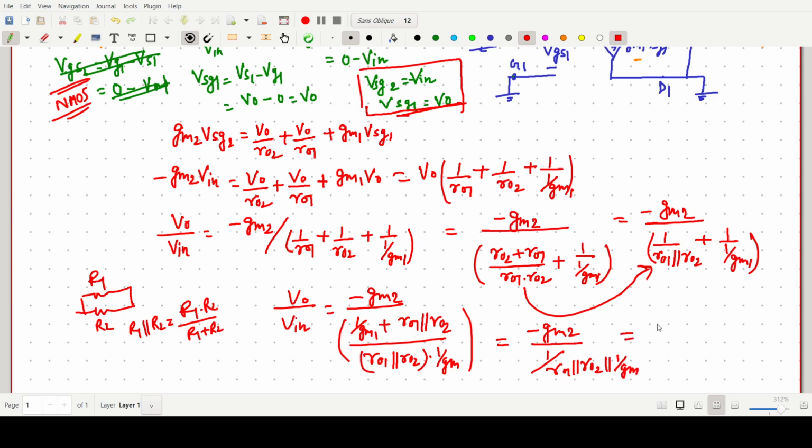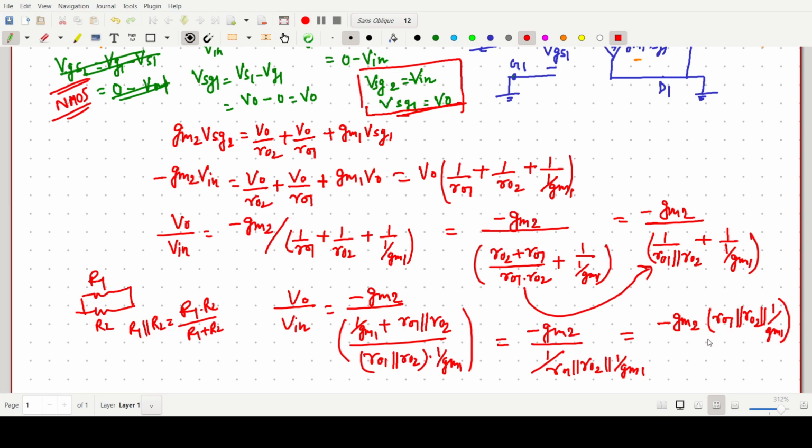So it should be minus Gm2, and this should be Gm1, and it should be R naught 1 parallel with R naught 2 parallel with 1 by Gm1.